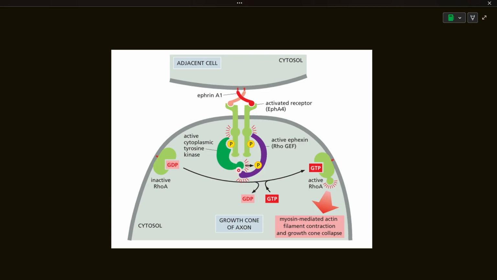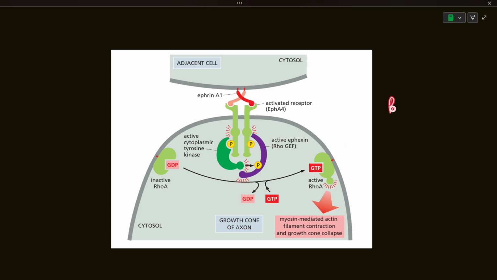So this inactive tyrosine kinase phosphorylates the phosphotyrosine residues present on the intracellular domain, which fully activates the tyrosine kinase. And this fully activated tyrosine kinase is going to phosphorylate the Rho-GEF, also known as Ephexin, which is anchored to the intracellular domain.